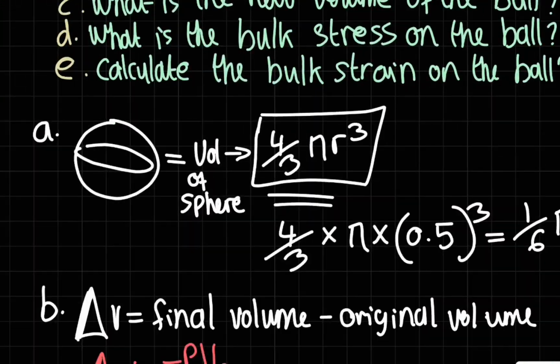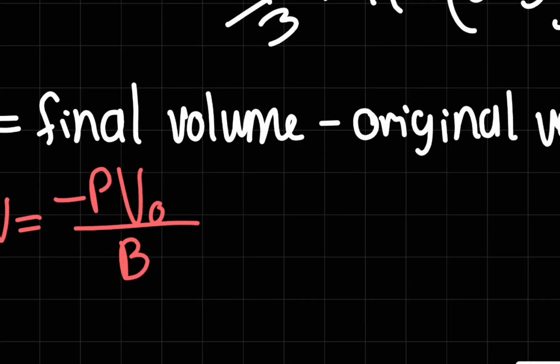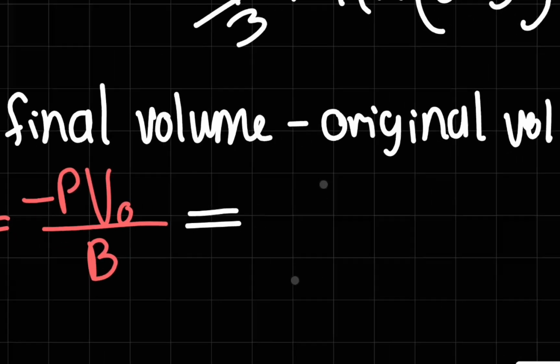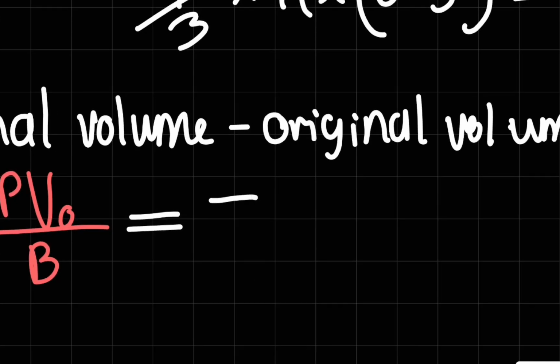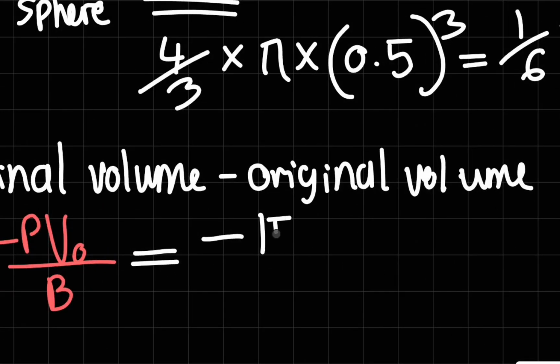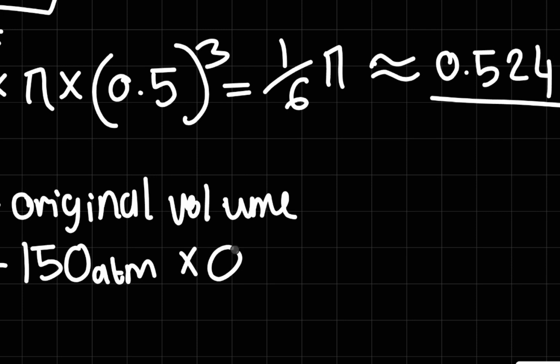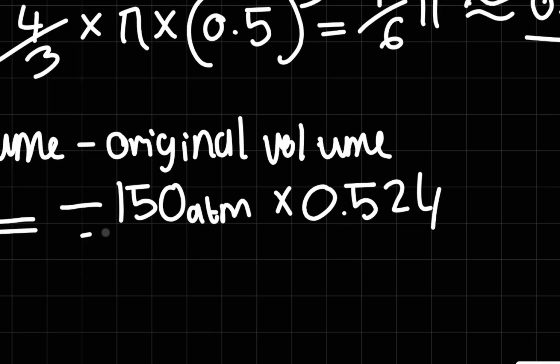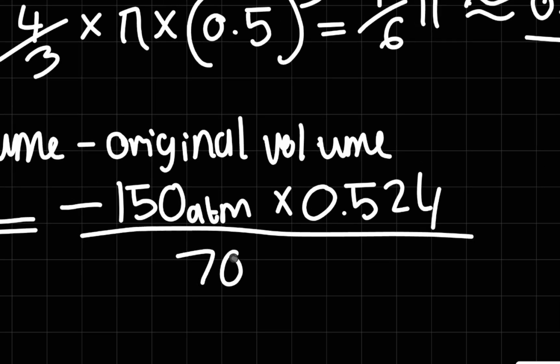So this one would work for this question because we've been given these values, and that's what we're working with. To find the change in volume, again, we will substitute these values in. So negative, the pressure is 150 atm, times the original volume, 0.524, over the bulk modulus, 70 times 10 to the 9.